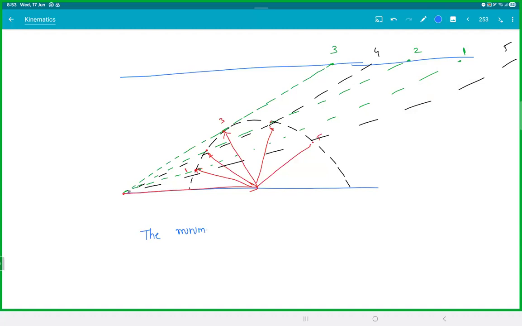There is no math and all. You have to just see the diagram and figure it out from there. So among all the vectors, if you choose a vector on the circle at point 3, the resultant becomes a tangent. The minimum drift occurs when the resultant becomes a tangent.